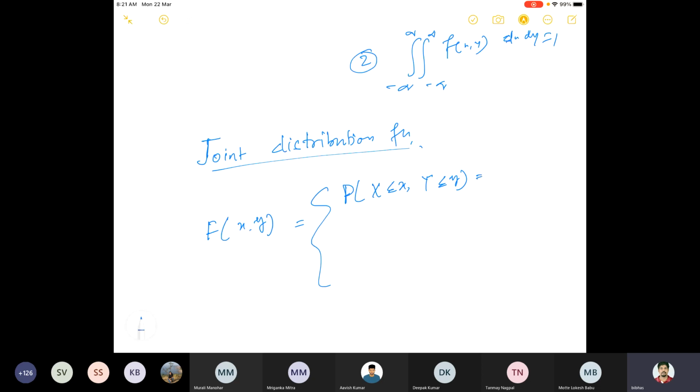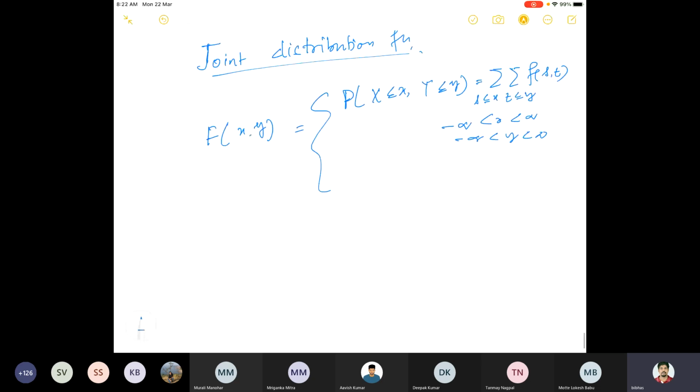The same way we defined it for the case of a single random variable. So it is nothing but the sum of f of st over t less than or equal to y and s less than or equal to x, for any values of x and y, minus infinity less than x less than infinity, minus infinity less than y less than infinity. This is for the discrete pair xy.